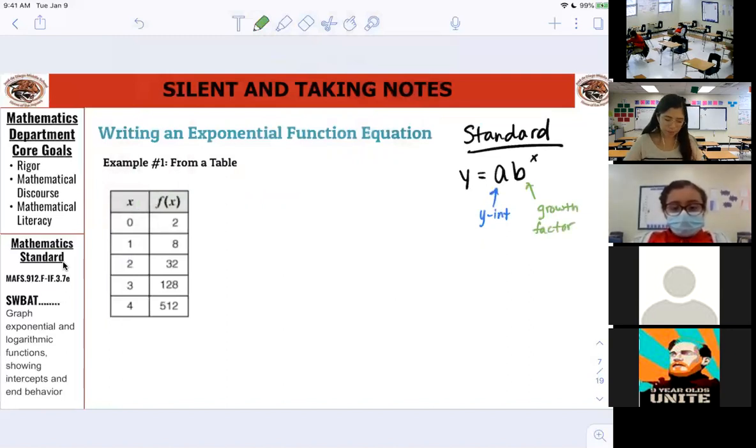So here's a pretty simple example. Check it out. See for yourself if you can figure out what's the y-intercept and what is the growth factor. Times 4. Good. Times 4, times 4, times 4, times 4.